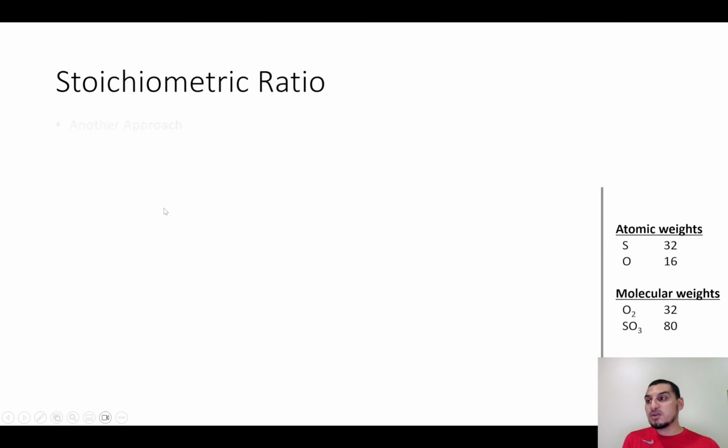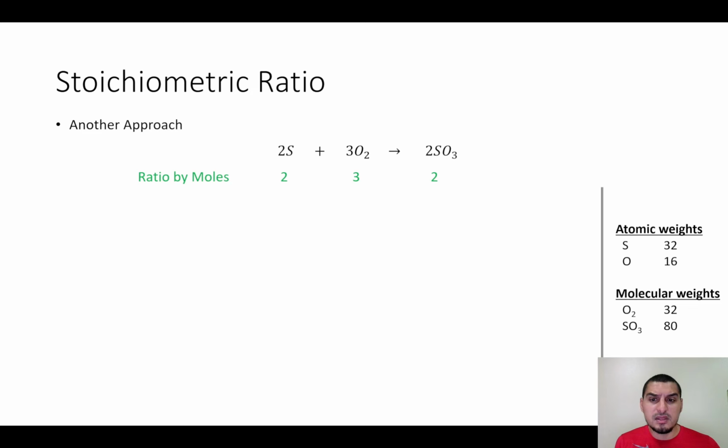There is another option, which is a valid option, and this option is saying that we know that the ratio by moles is 2 to 3 to 2, and these 2 moles are equivalent to 64 grams, and these 3 moles are equivalent to 96 grams, and these 2 moles are equivalent to 160 grams. So what I have here is a ratio, but this is a ratio by masses, not by moles, which is something I can use with masses.